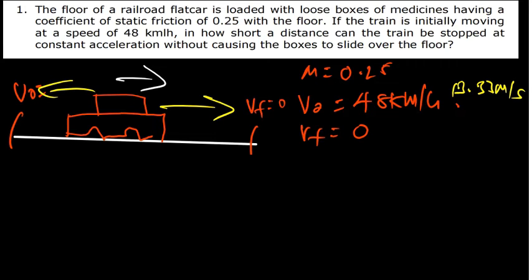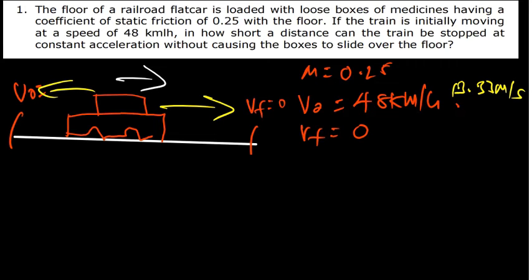We're going to say the summation of all the forces in x direction, because we have got the motion in x direction. The only force acting at that point is the friction force. Since it was opposing the motion, it's going to be negative, so we're going to get that acceleration to be negative.